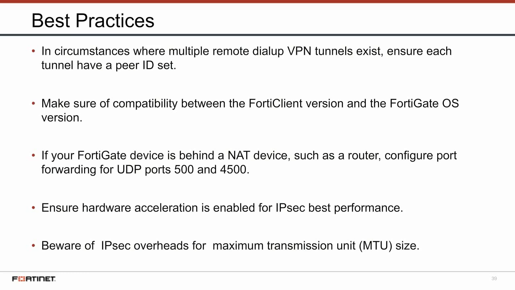Check IPsec VPN maximum transmission unit, MTU, size. A 1500 byte MTU is going to exceed the overhead of the ESP header, including the additional IP header and so on. The FortiGate sets an IPsec tunnel MTU of 1436 for 3DES SHA1 and an MTU of 1412 for AES128 SHA1.